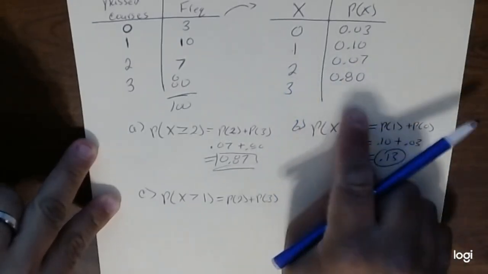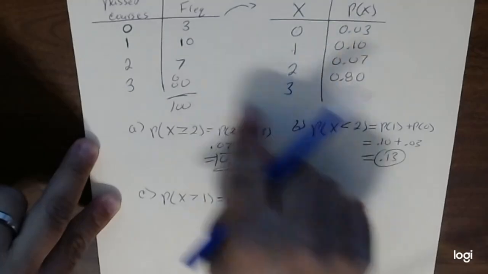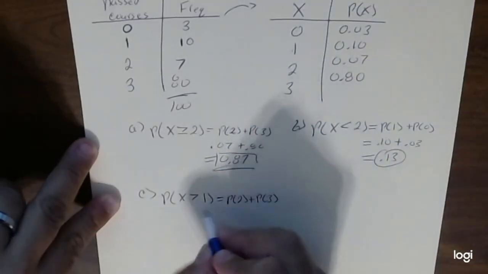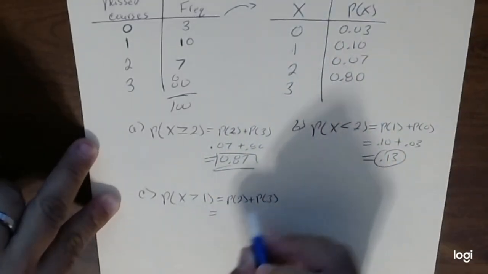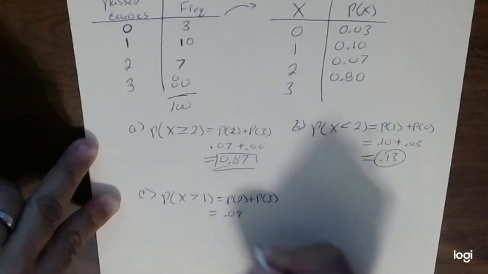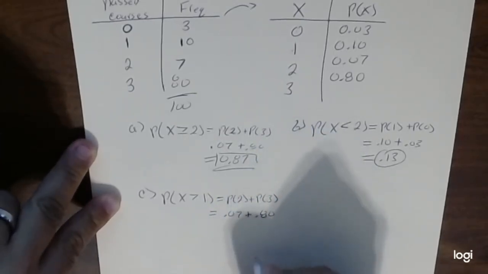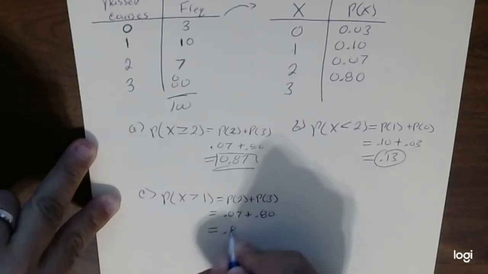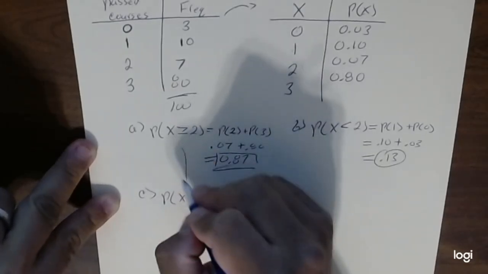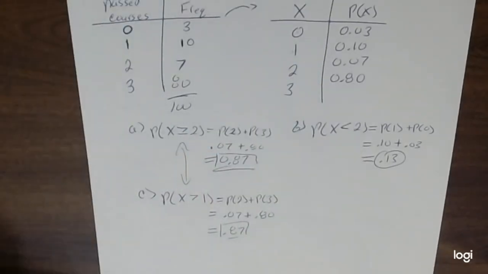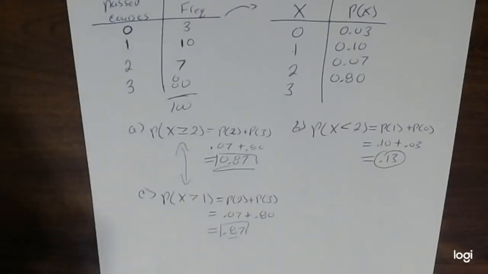I can't do 4 and 5 because there's no other 4 and 5 in our probability distribution. So now we go, well, what's probability of 2? 0.07. What's probability of 3? 0.8, right? So notice we actually already had these answered before. These two are the same question, right? Just two different ways of asking it when it comes to it.